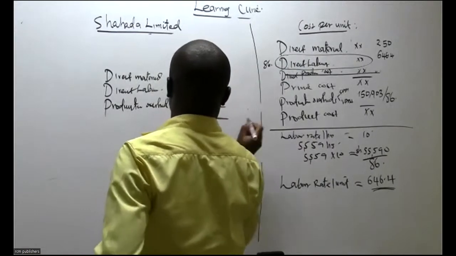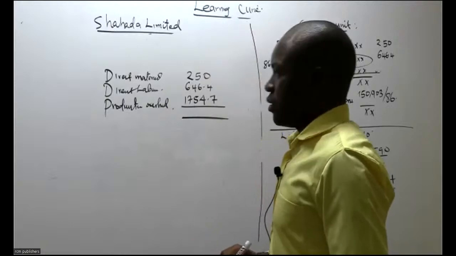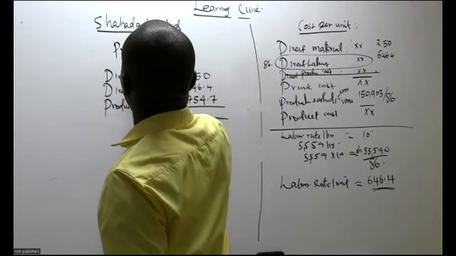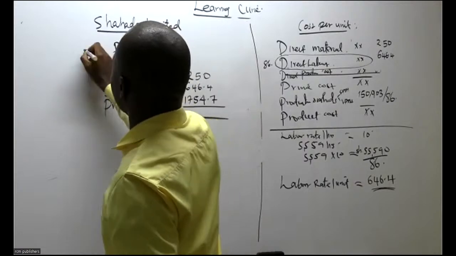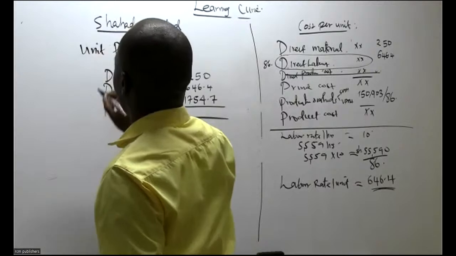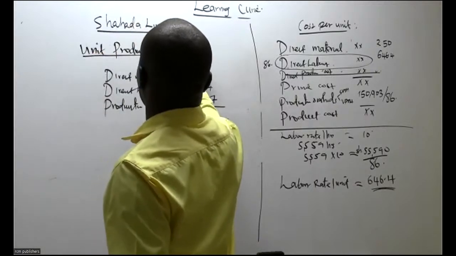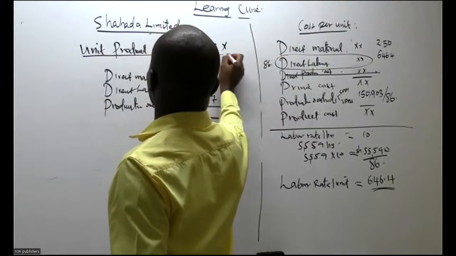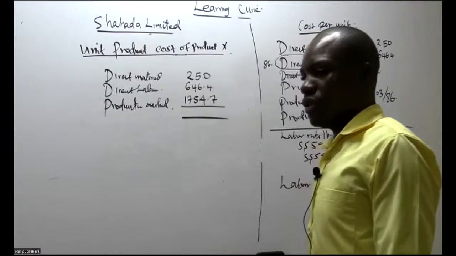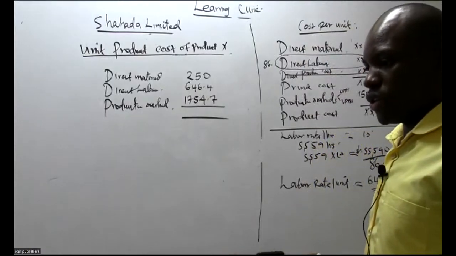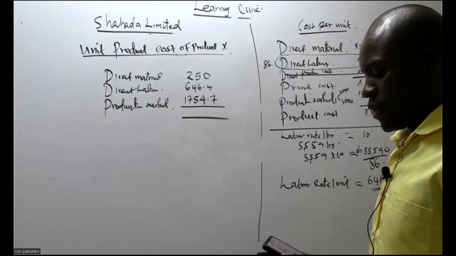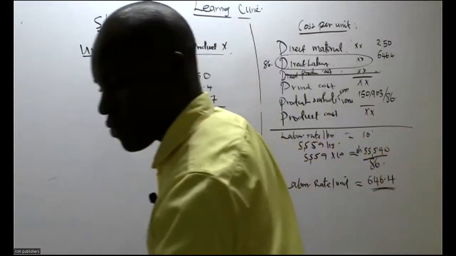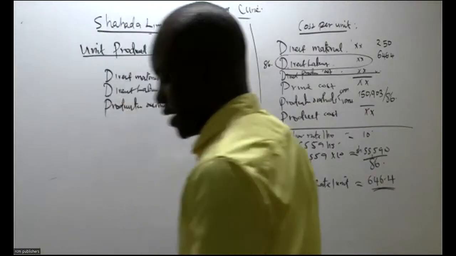When we add all that, what will you have? So just say unit production cost or product X. Tunapata ngapi total? Let's add that.